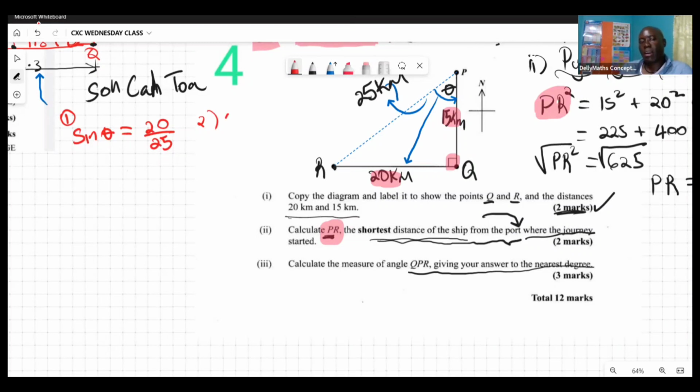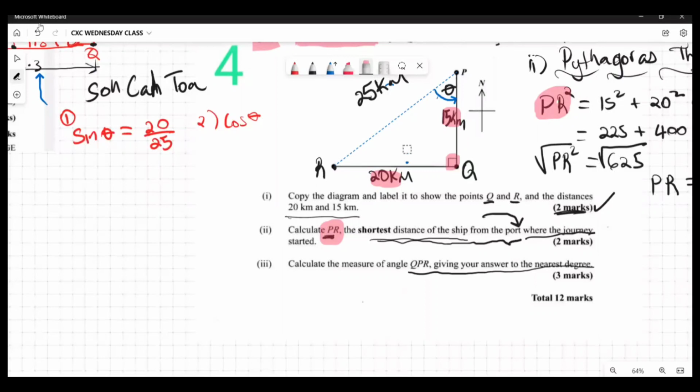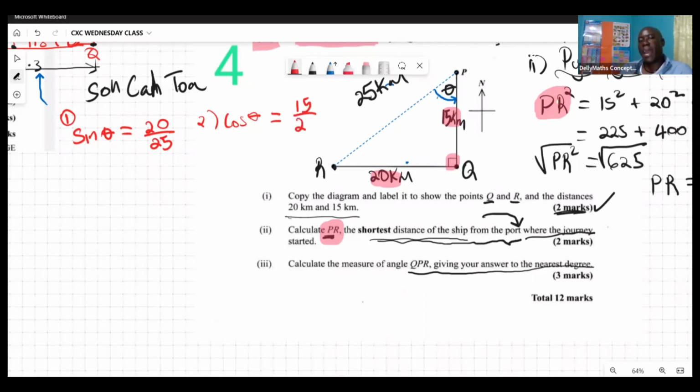I could say cos of that same angle is the adjacent over hypotenuse. This diagram is going to get ugly each time I write. Number 15, sir. Yeah. So it will be the adjacent over hypotenuse. Solution 3: tangent of that angle is 20 over 15. I'm just going to use one of them. So I'm using number 1 right now.